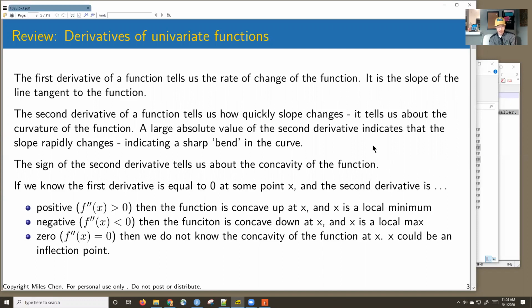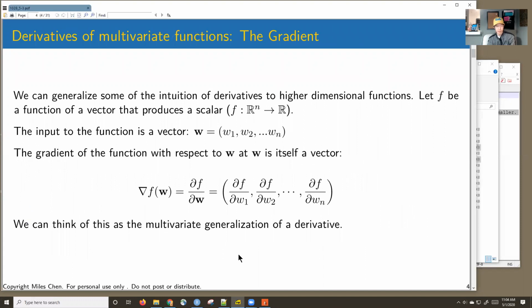That's what we got on univariate derivatives. What we're going to look at today is the multivariate case.